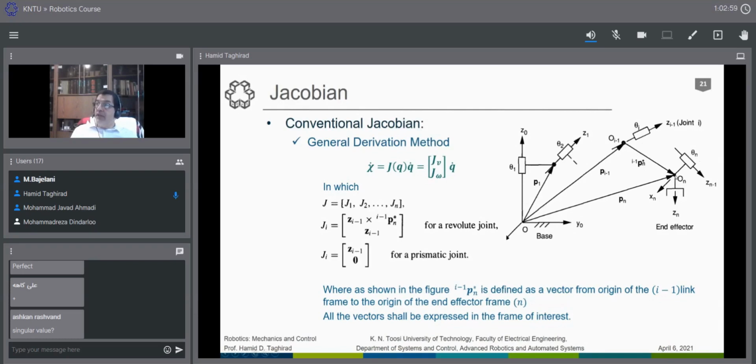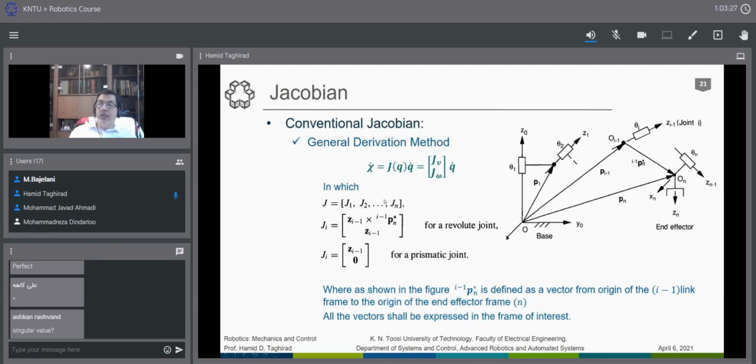If this is the point where we would like to find the Jacobian, we call it On. The Jacobian matrix is proven to be defined by a number of columns, which we call J1, J2 to Jn.